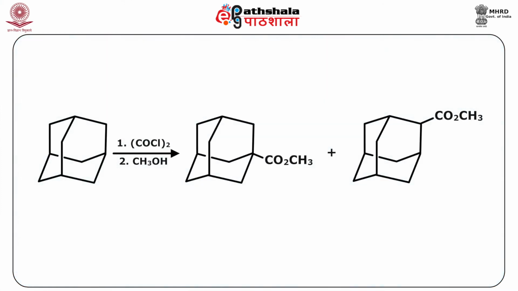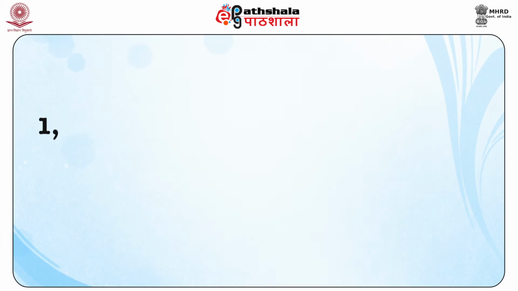Occasionally, special circumstances permit a simple separation of the products which result from such free radical substitutions. Thus, chlorocarbonylation of adamantane followed by methanolic workup as shown in the following scheme results in a nearly 1:1 ratio of 1- and 2-methyl adamantane carboxylates, which may be separated readily by fractional distillation.